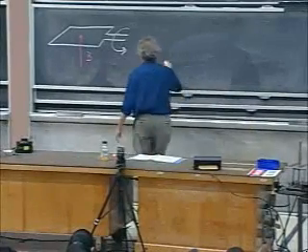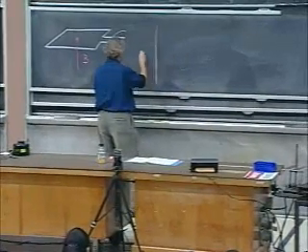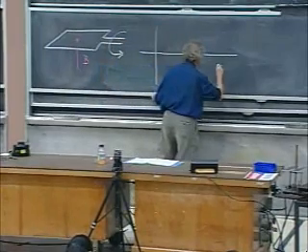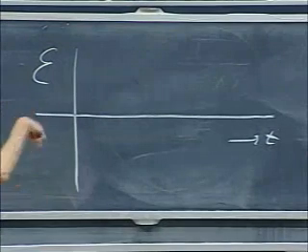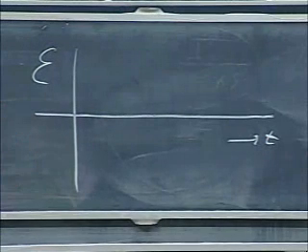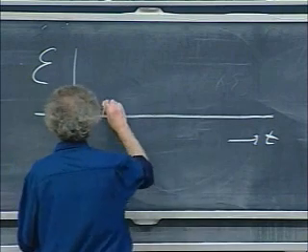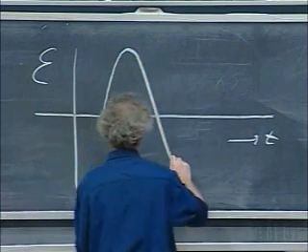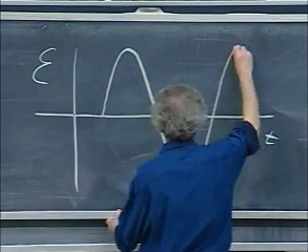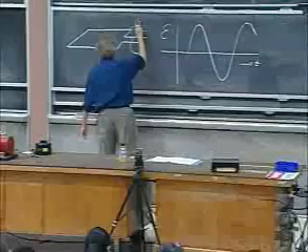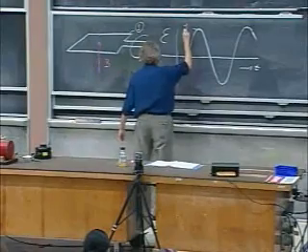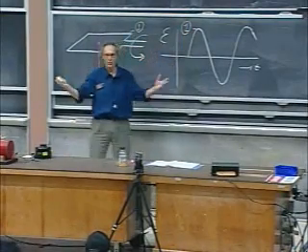That induced EMF, which we derived, I think, last lecture, as a function of time, will be a sinusoidal or cosinusoidal curve, and will look something like this. I call this loop number 1, and this is the EMF produced by loop number 1.